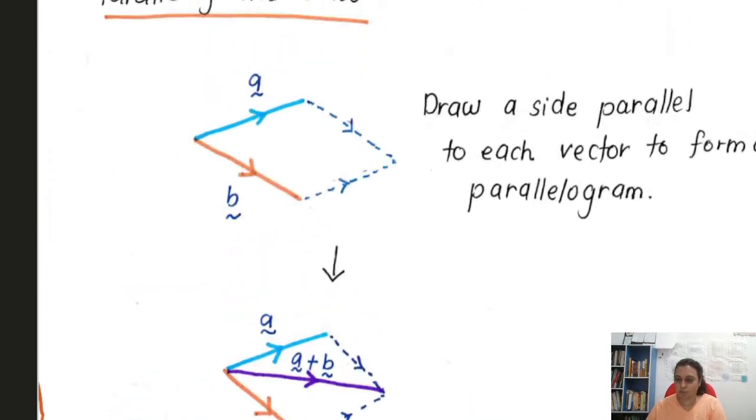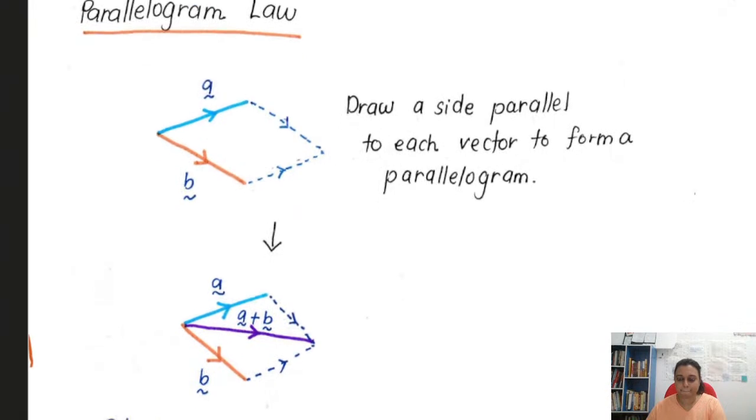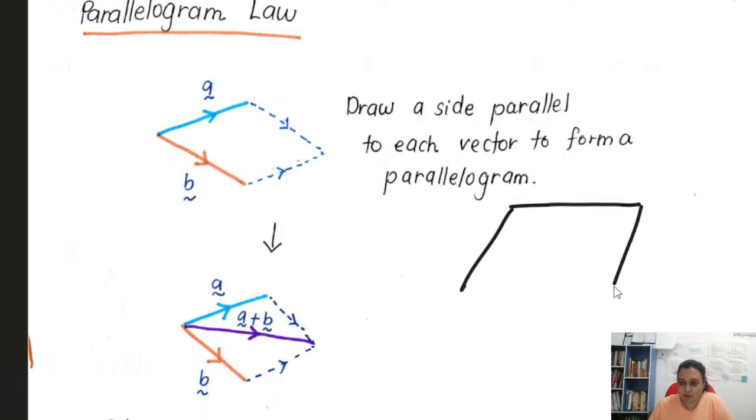Parallelogram, sorry. Hukum segi empat selari. Parallel is selari, right? Okay, so see this. If you are going to draw a parallelogram, let's say they already give you a parallelogram, memang sudah lukis lah.